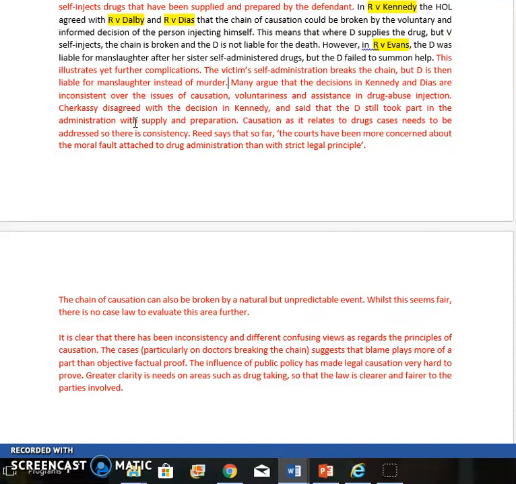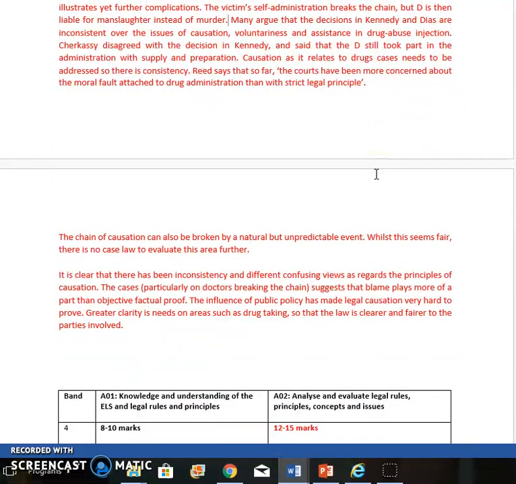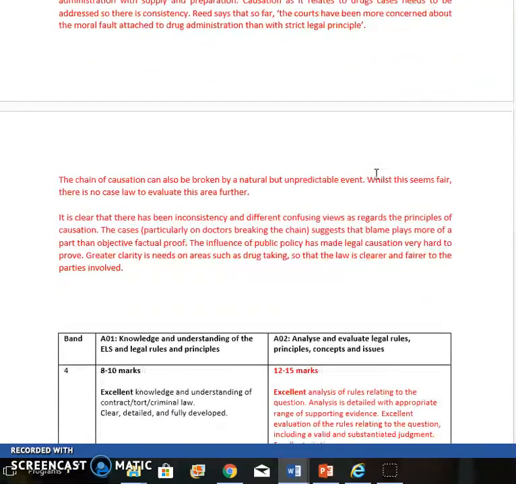So really, the defendant was part of the death. So certainly the law on causation as it relates to drugs needs to be addressed. And there you go, a little quote from Reed there, that the courts seem to be more concerned about moral fault rather than strict legal principle.